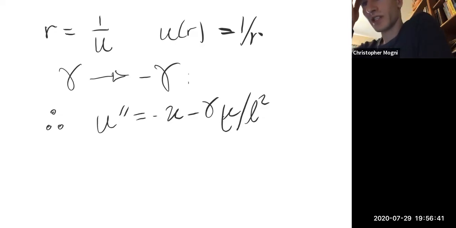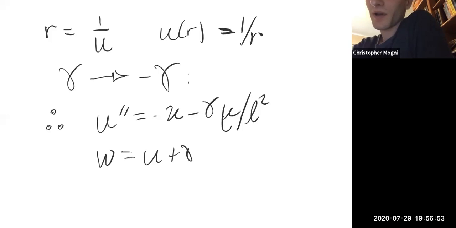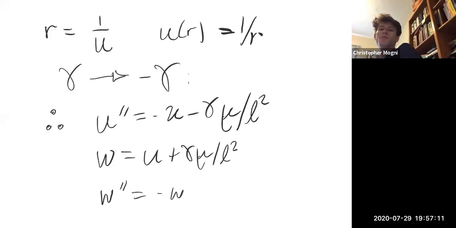This allows us to solve the differential equation in the same way that it's solved in the book. One can substitute in W equals u plus gamma mu over L squared, and you end up with W prime equals minus W.